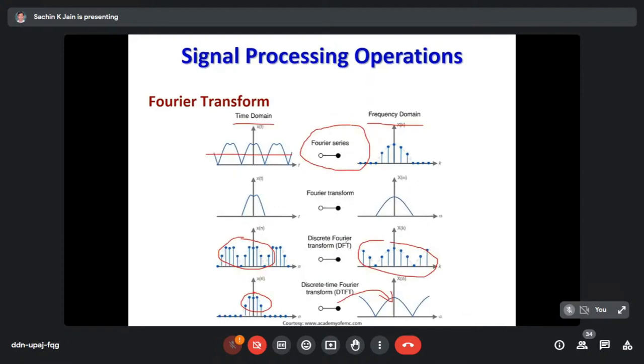One more thing, can anyone answer what is the difference between DFT and FFT? What is the difference between DFT and FFT? Yes, any answers? I'll be happy if you answer.